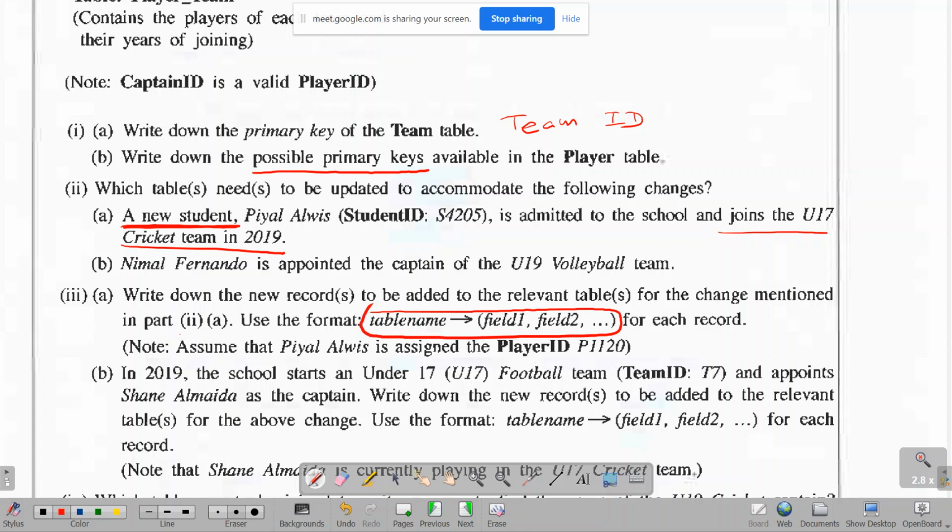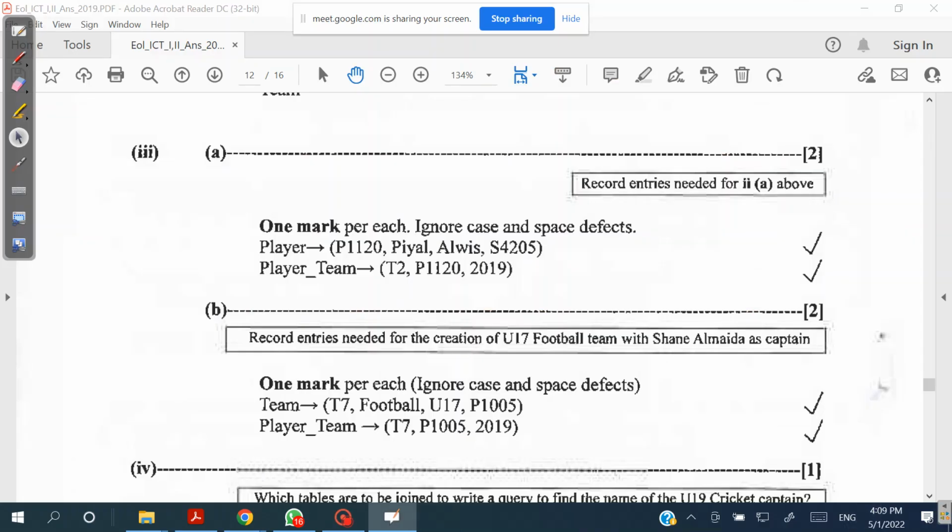So first they are asking what would be the updation for the question 2A, that means in here, right? So to write those two data lines.